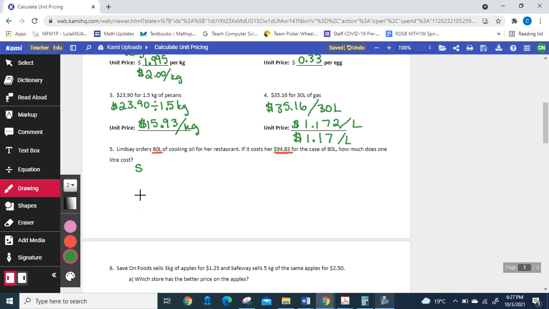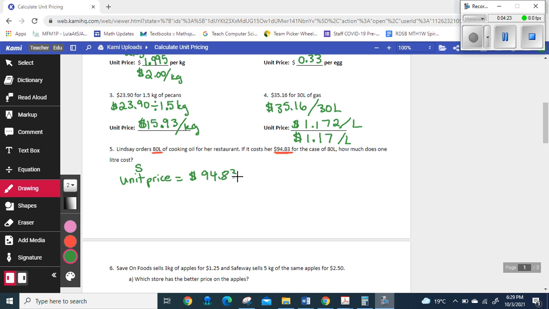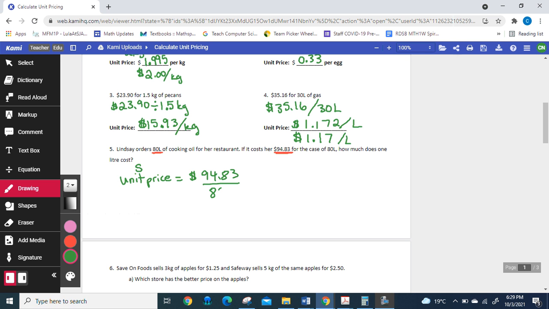So our unit price is going to be equal to $94.83. Let's divide that by our 80 liters. So our unit price in this case is going to be 1.185 per liter. But let's round that because it's dollars, so we would round that up to 1.19 per liter.